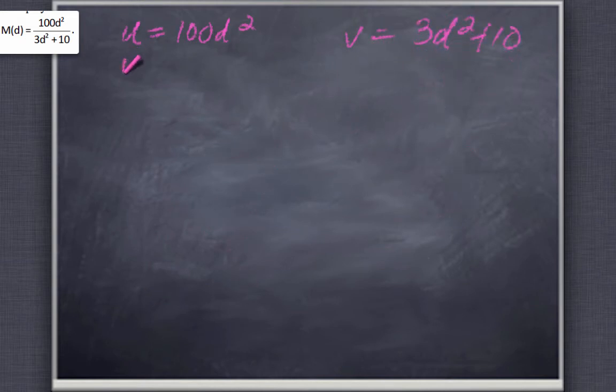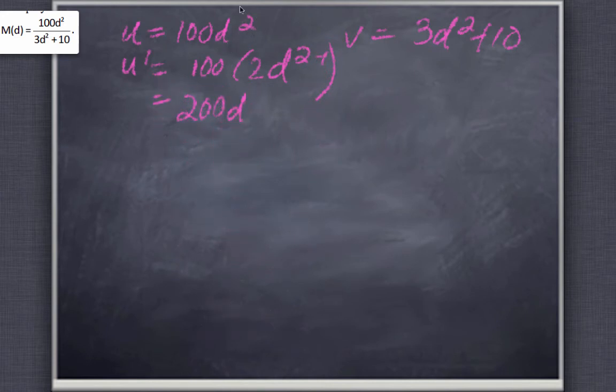Okay, so u is 100d squared. v is 3d squared plus 10. u prime is 100 times 2d to the 2 minus 1, 200d.